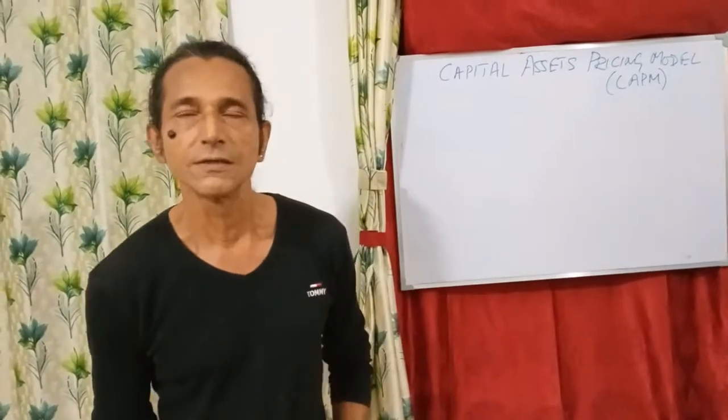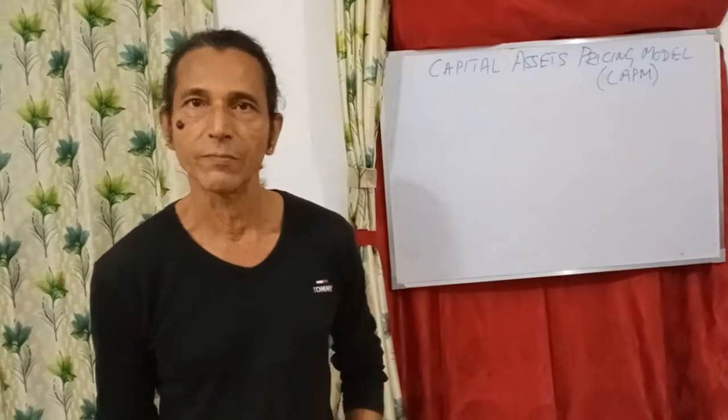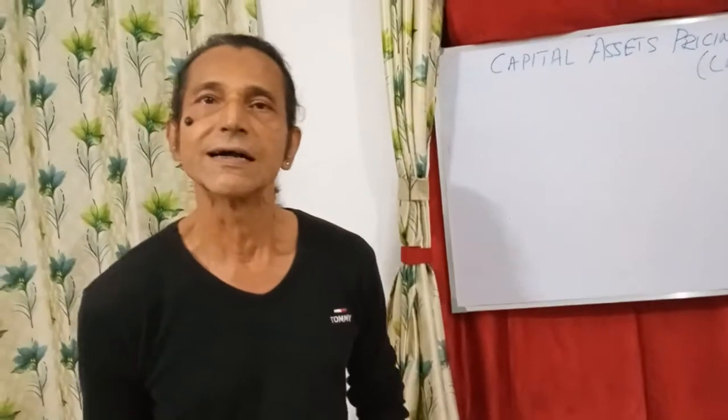Today's topic is Capital Assets Pricing Model, or commonly known as CAPM, developed by William Sharpe, the Nobel laureate. Now CAPM is a critical topic of financial management and is very important from examination's point of view.